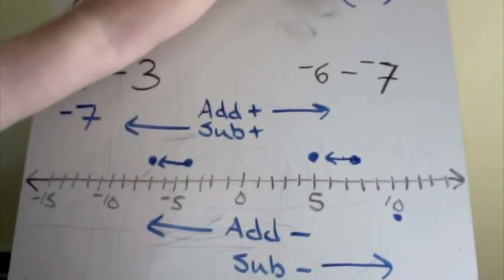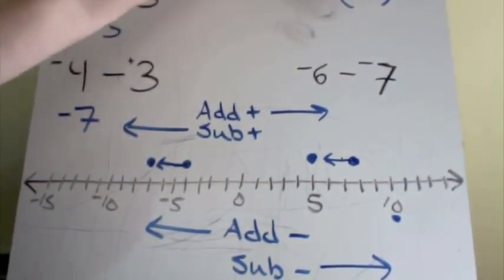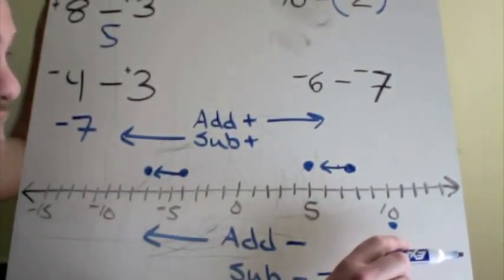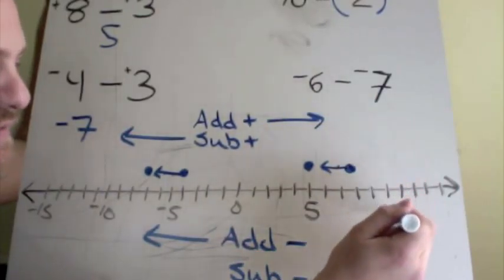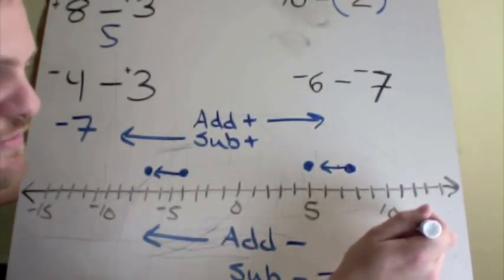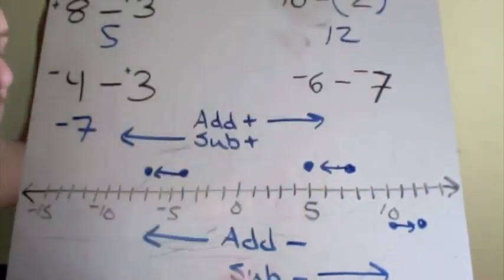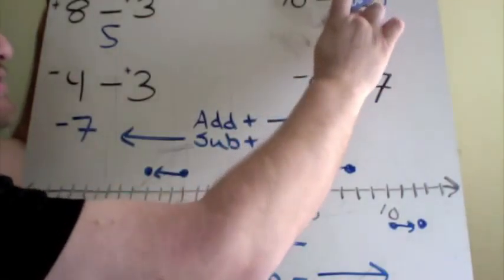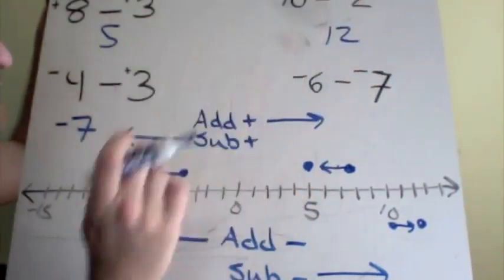Okay, so it's no longer a debt, it becomes an asset. So since I'm subtracting a negative, it means I'm actually going in that direction. So I start off at 10, and I'm going to add 2. So the result is a 12. Okay, and I'm going to show you sign changes here in a moment, which might help with some of this.